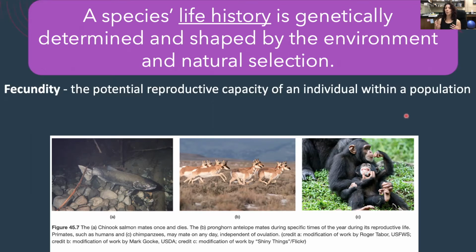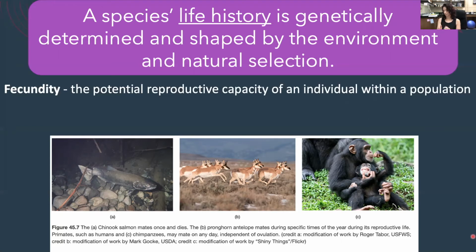It describes how many offspring can ideally be produced if an individual has as many offspring as possible, repeating the reproductive cycle as soon as possible after the birth of their last child. So in animals, fecundity is inversely related to the amount of parental care that's given to individual offspring, meaning if the mother has to invest a whole lot of energy and time into raising one individual, it's not going to immediately seize upon the opportunity to have another child.